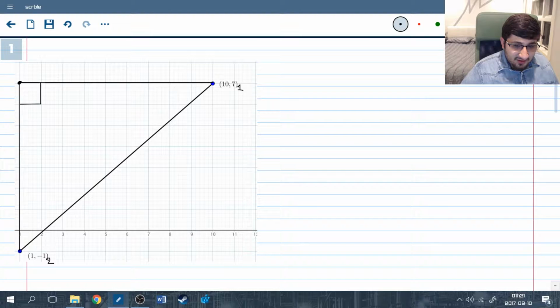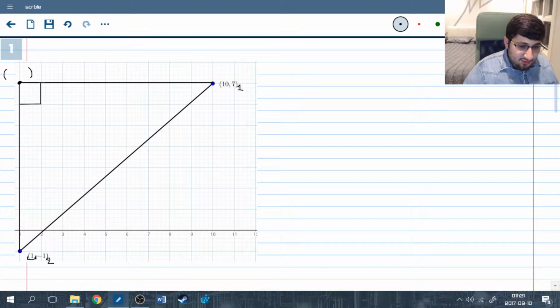Now we need to figure out the coordinates of the point over here. If we notice, this has the same x-coordinate as one of our 2 points, in this case the point over here.